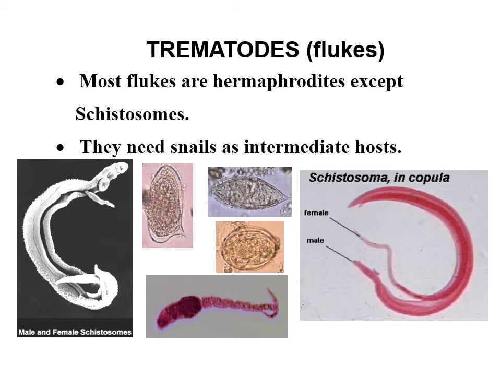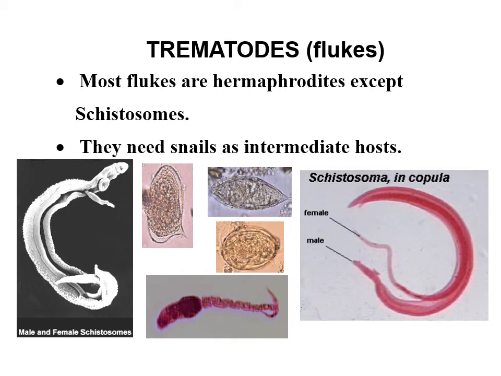So the trematodes of importance are the schistosomes, and here we are showing the adult parasite to your left in a scanning electron micrograph. The outer side with a rough surface is the male, and it has a sucker at the anterior end, and down below it is another circle which is also a ventral sucker.